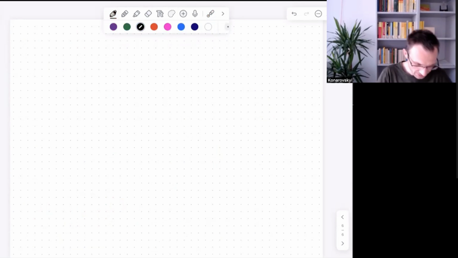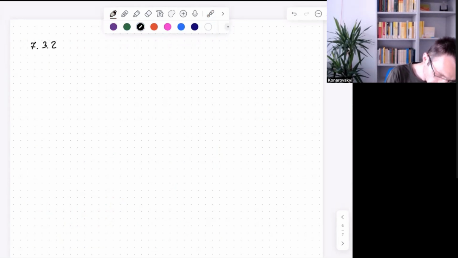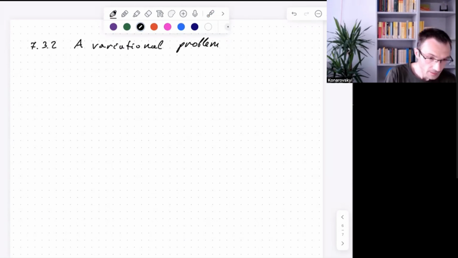The section will be section 7.3.2 in the lecture notes, a variational problem.